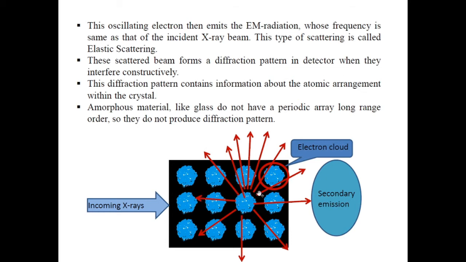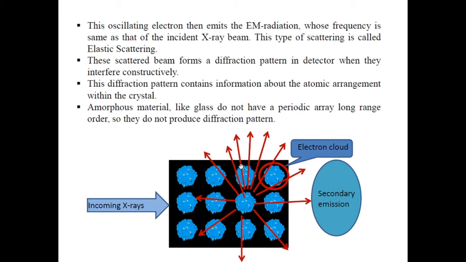I have drawn here an exaggerated schematic diagram. When the incoming X-rays interact elastically with the electron clouds, the electron cloud starts oscillating about its mean position. This oscillating electron cloud now emits electromagnetic radiation, which we call a secondary emission.